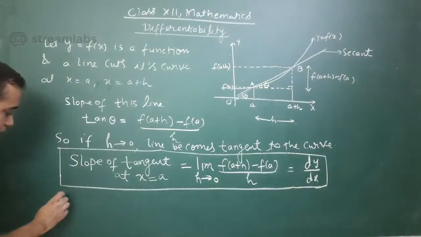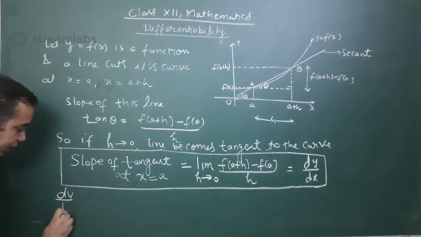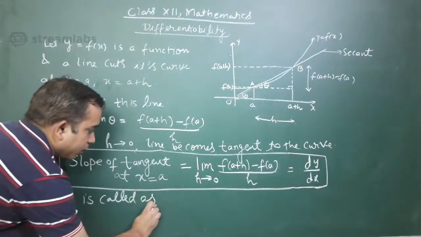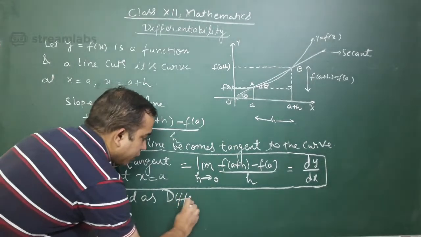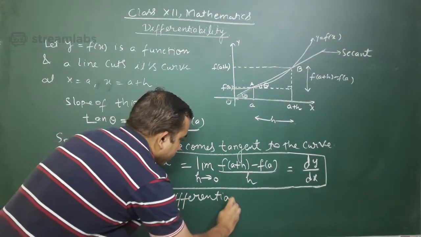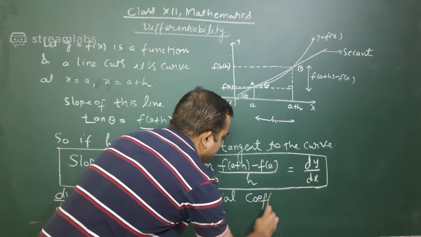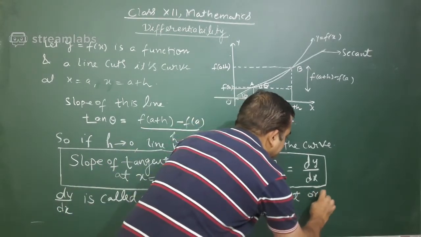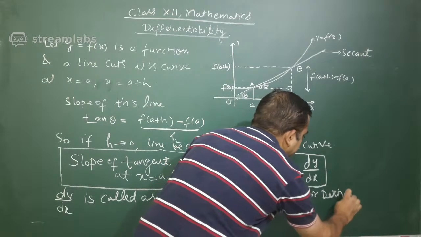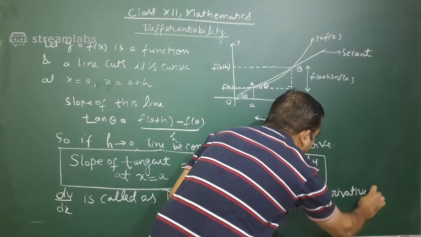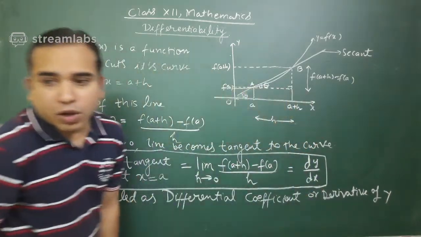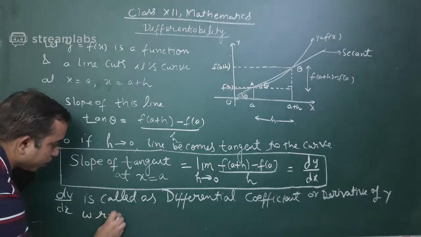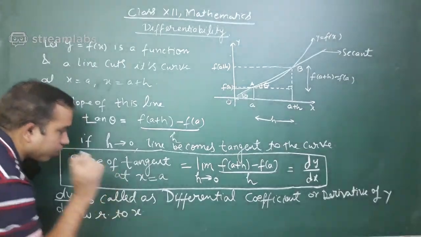One more line will come. dy upon dx is called the differential coefficient or derivative. You know, there is one more name, derivative of y with respect to x.